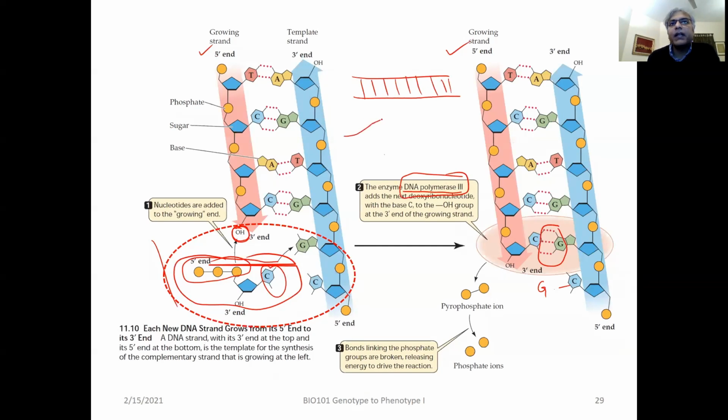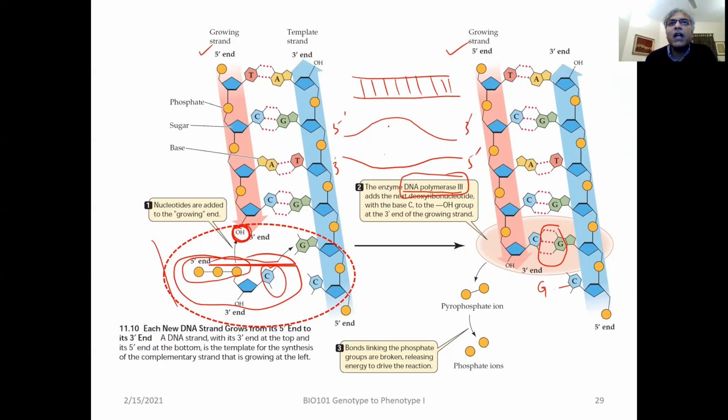I separated this, the hydrogen bonds are broken. Now, DNA polymerase 3 adds nucleotides to a free hydroxyl group. Where is the free hydroxyl group? This is 5 prime, this is 3 prime, this is 5 prime, this is 3 prime.